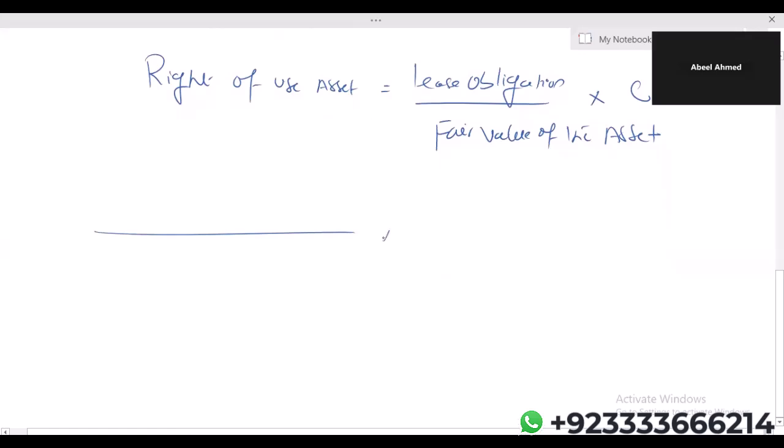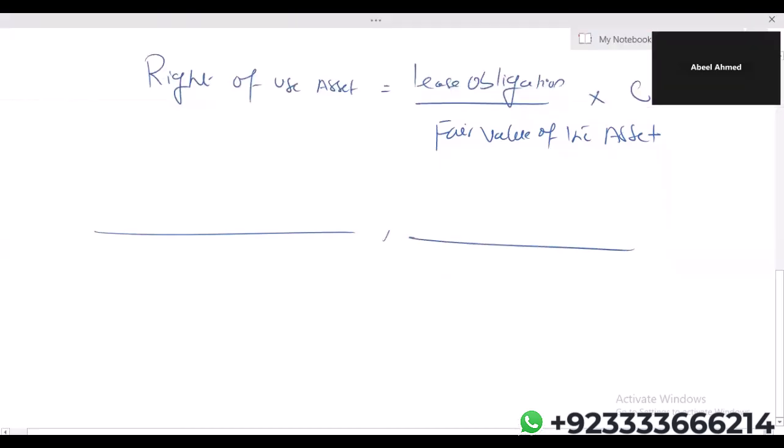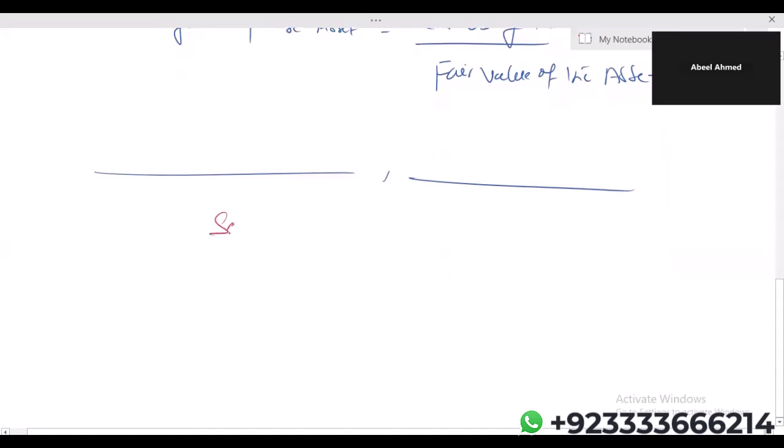Now, the second possibility. The sale proceeds are less than the fair value.